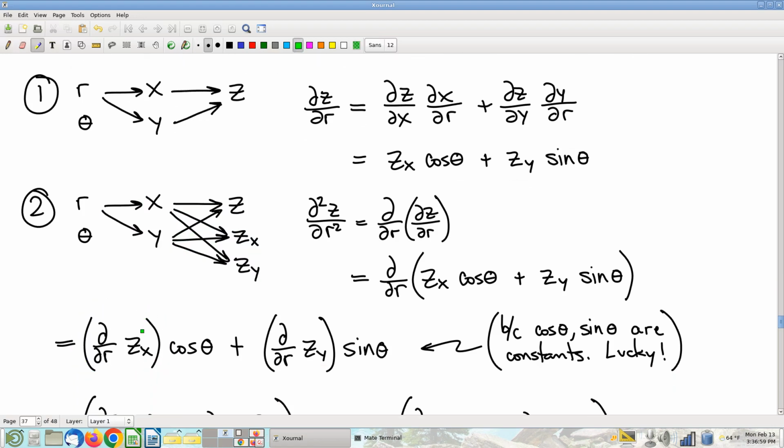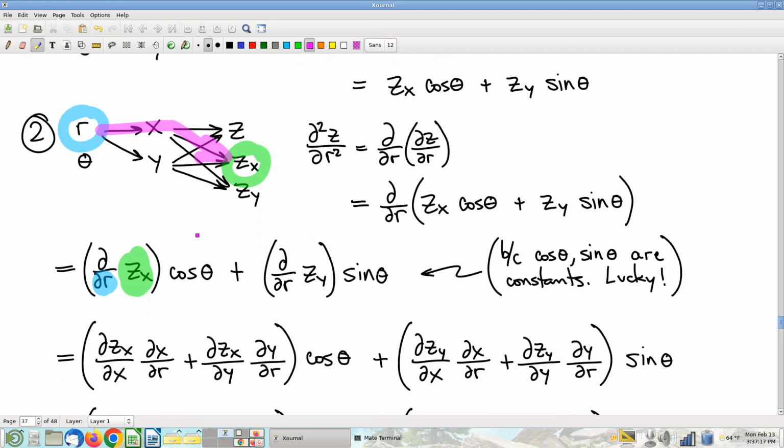So now let's apply the usual rules. The zx that I want to take a partial of, there it is. The r that I want to take the partial with respect to, there it is. Now let's look at paths. There's a path by way of the intermediate variable x. That gives rise to what you might call the x term in that partial.